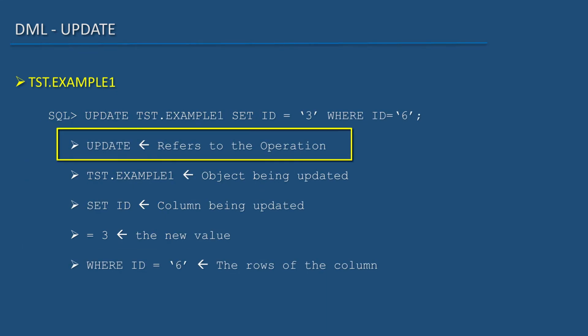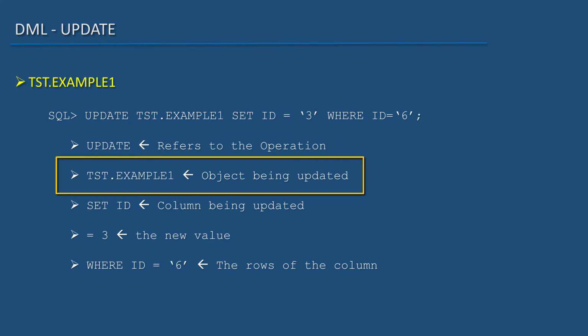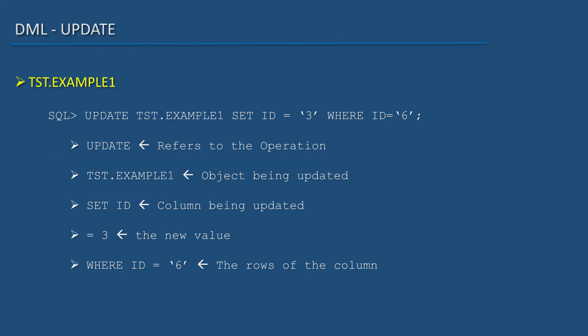Here update refers to the operation being performed. Test.example1 refers to the object where the update is being performed.